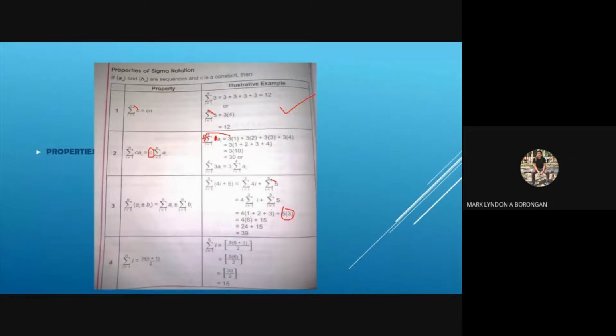So 1, 2, 3 multiplied by 4. So 1 plus 2 plus 3 multiplied by 4 is just equal to 4 times 6, which is equal to 24. And we know this part is 15, so 24 plus 15 is just equal to 39. That is how you apply the third property.